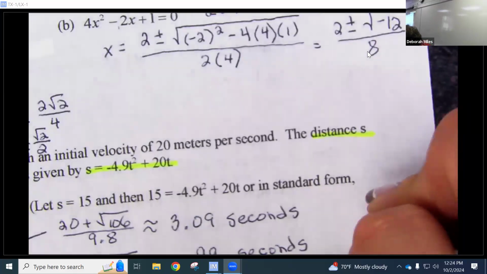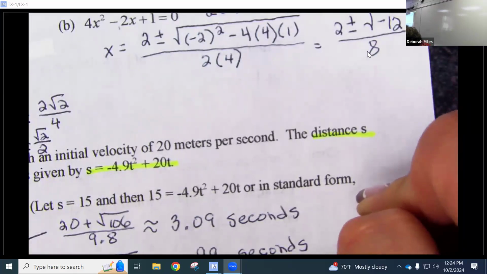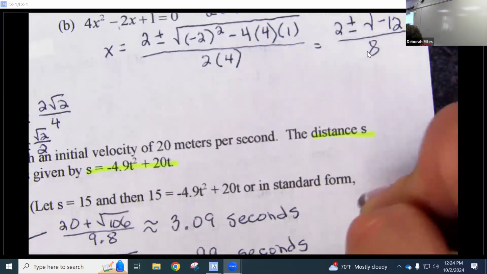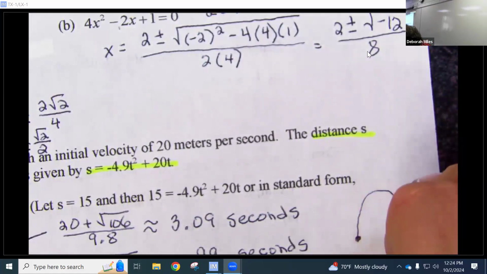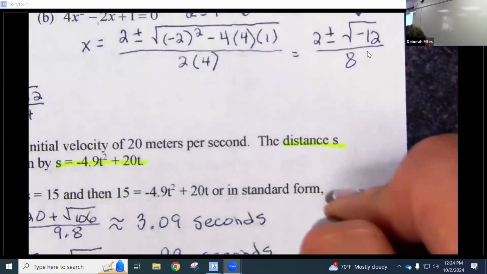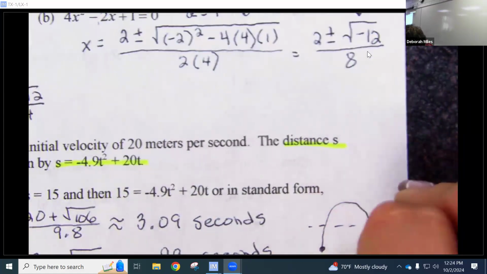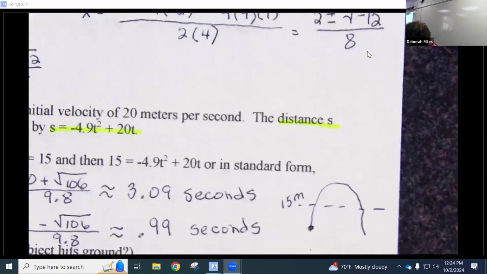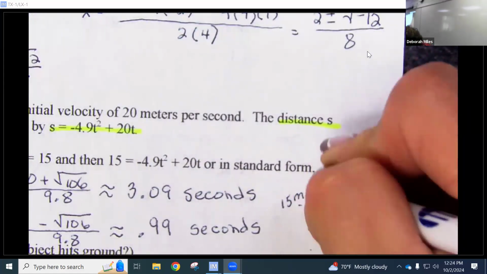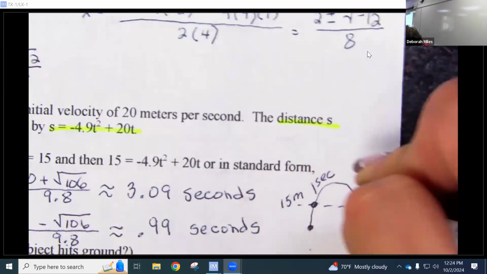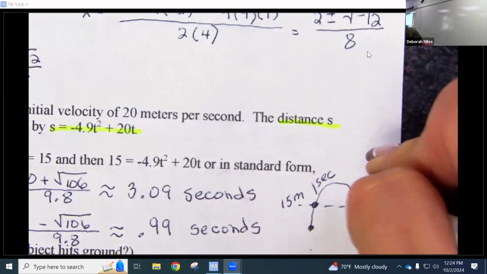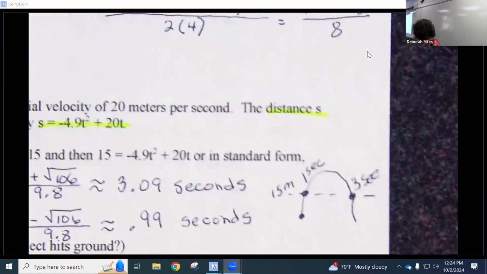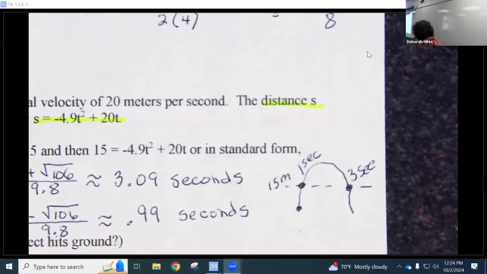So this projectile is going up, up, up, and it's coming back down. It's going to hit 15 meters at about 1 second and at about 3 seconds. One's on the way up, one's on the way down.